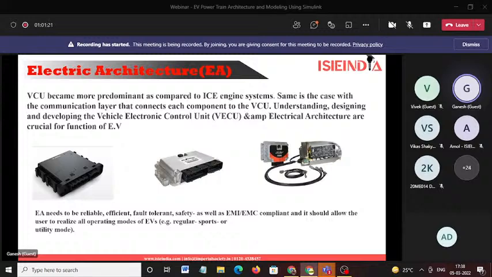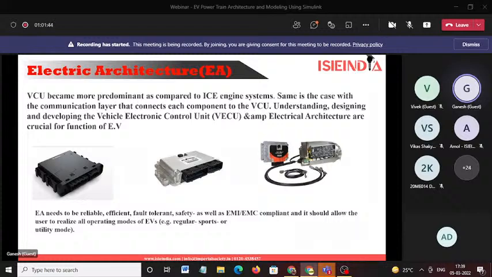If you are an electrical architect, you have a very key role in the whole system. Why? Because if you see an IC engine vehicle, there are so many members to replace. But in the automotive industry currently, the issue is that very few people have awareness of electric vehicles.